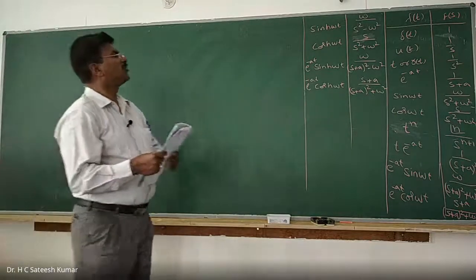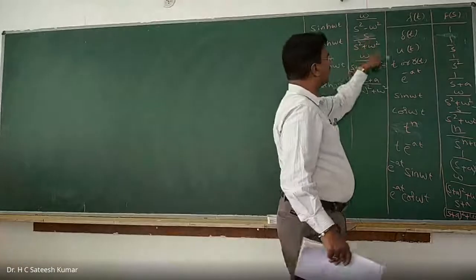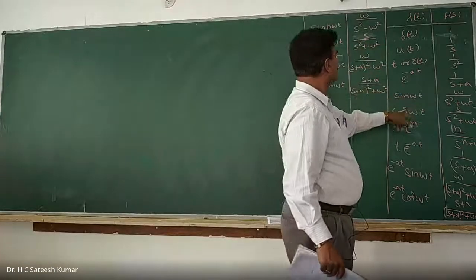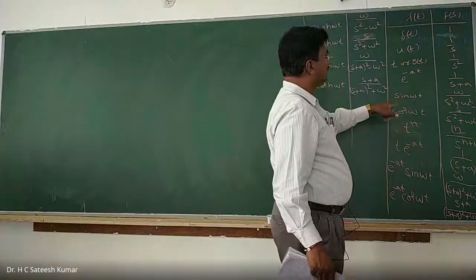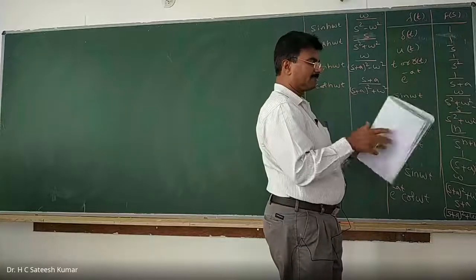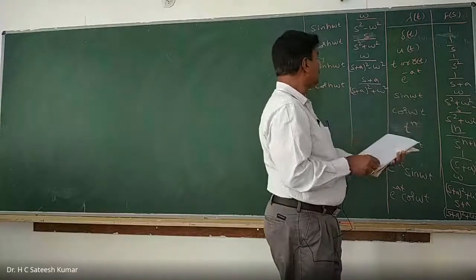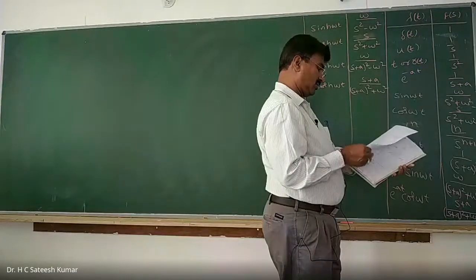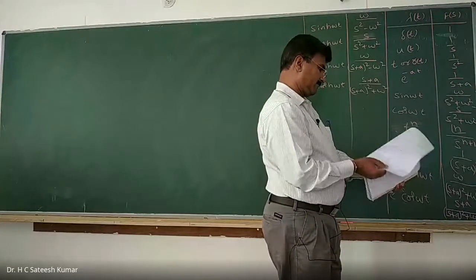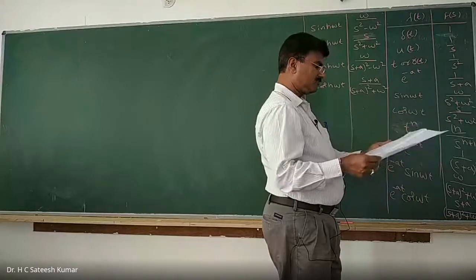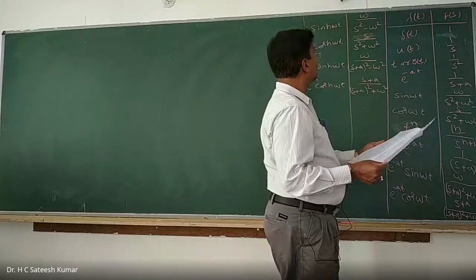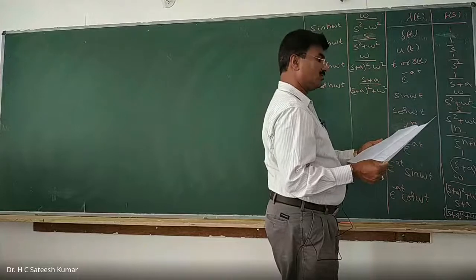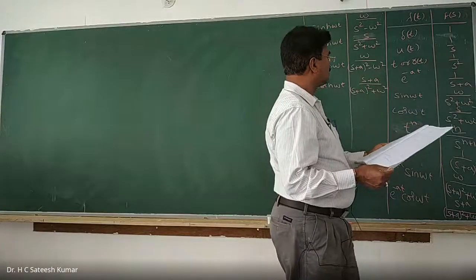Cos hyperbolic omega t is s divided by s square plus omega square. One minute. Cos hyperbolic, s divided by s square plus omega square.